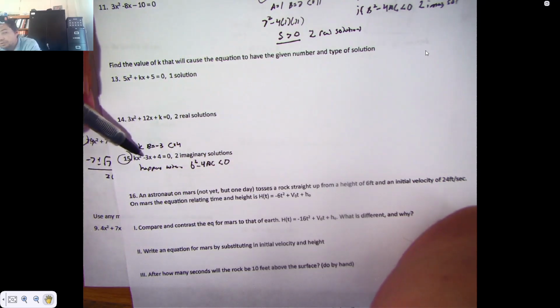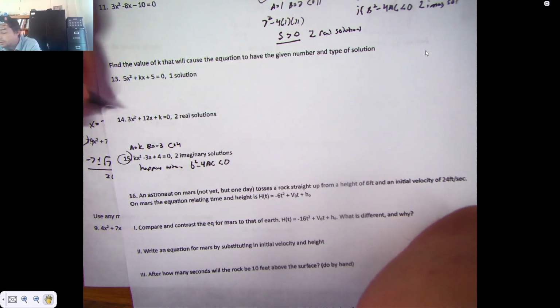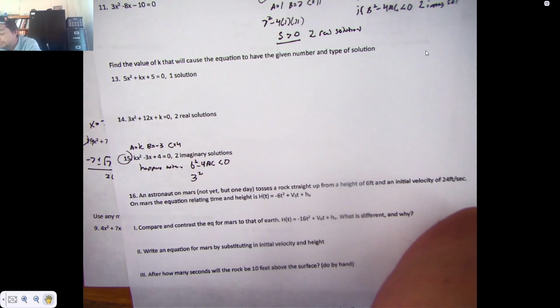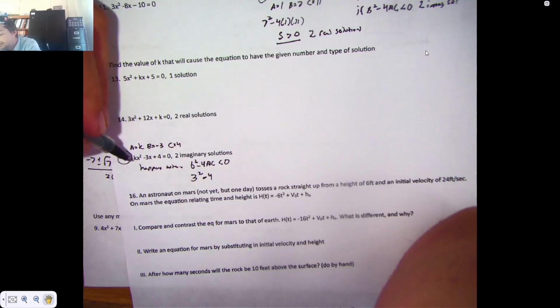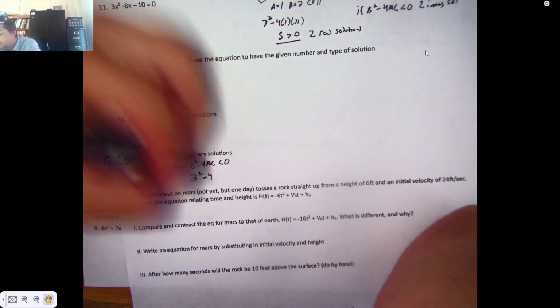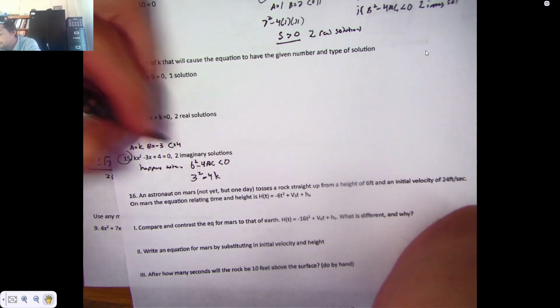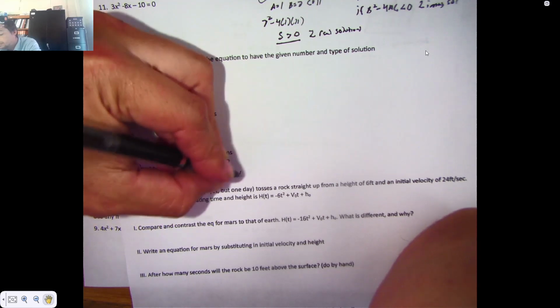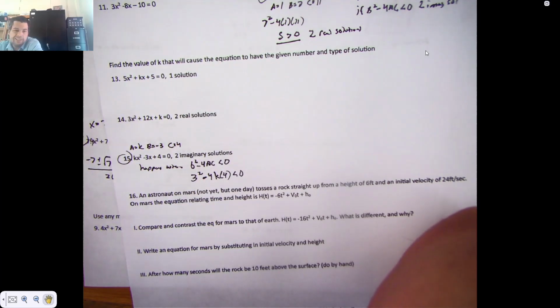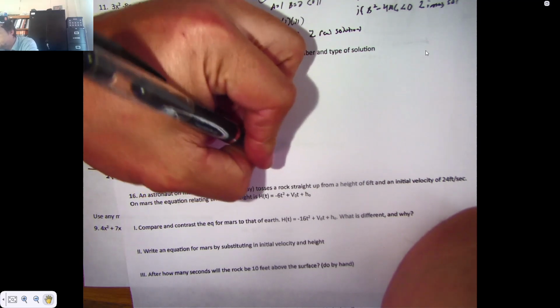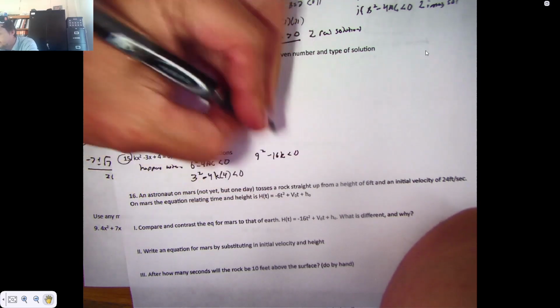And I've said this numerous times, and I'll always say it: if you're going to square a negative, drop the negative. 3 squared is 9, minus 4 times k, which is a, times c, which is 4, is less than 0. Yeah, it's an inequality. Big whoop.